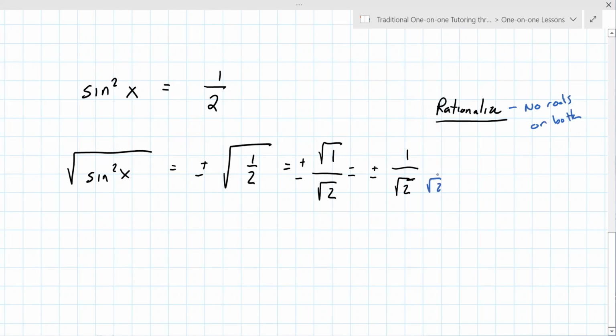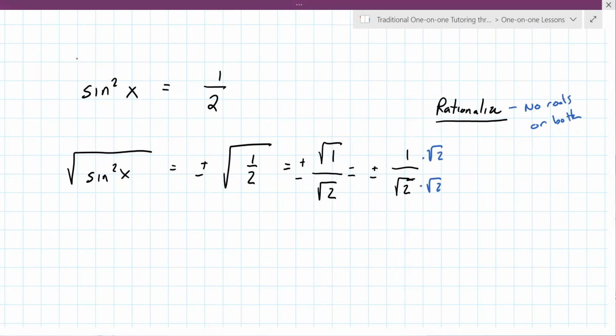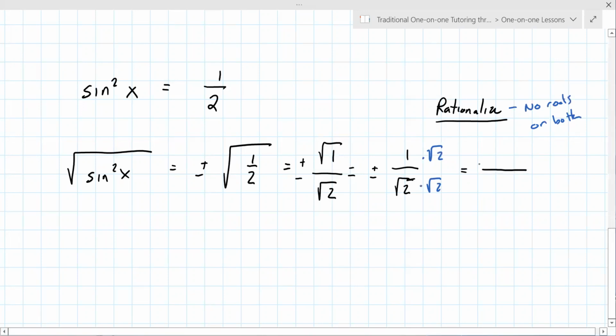So you multiply the top and bottom by √2. So in the numerator, it's √2. But in the denominator, it's √2 times √2, which is square root of 4, which equals 2. So it's √2 over 2.